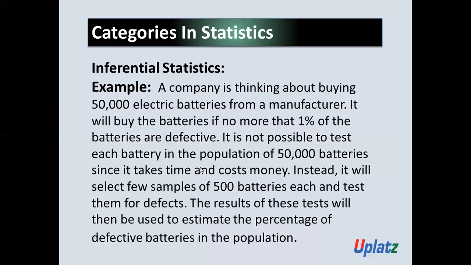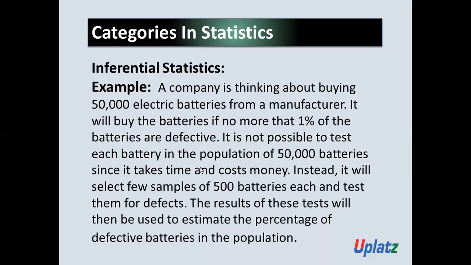So instead of that, what will the company do? The company will select few samples of 500 batteries each and test them for the defects. The result of these tests will then be used to estimate the percentage of the defective batteries in the population. Got the point?